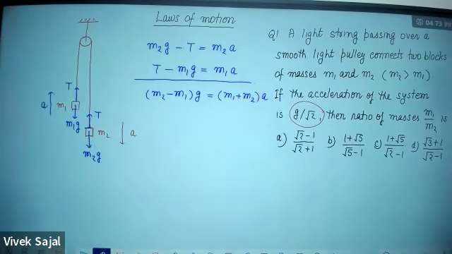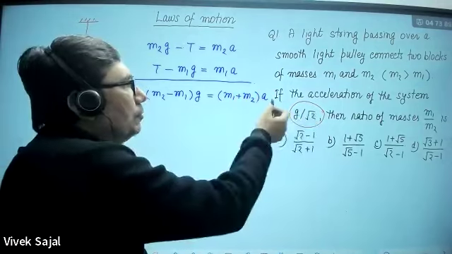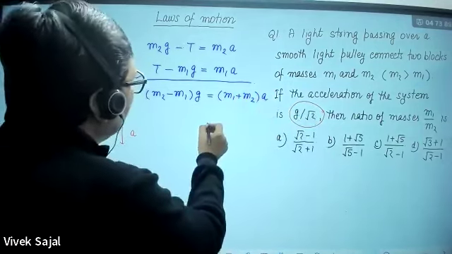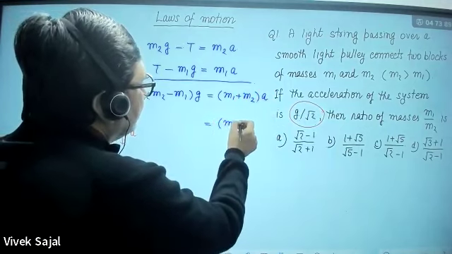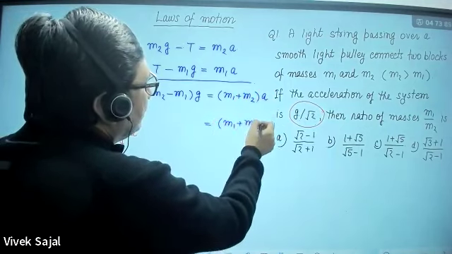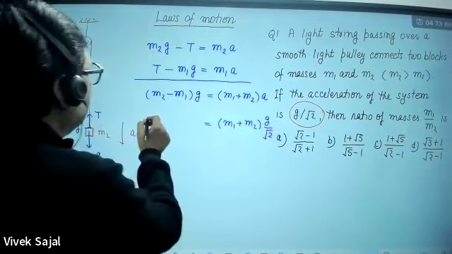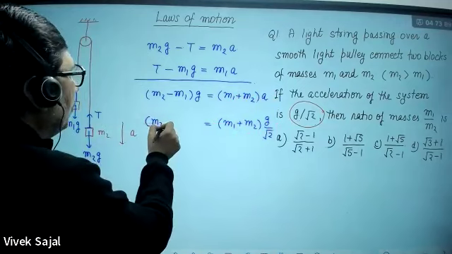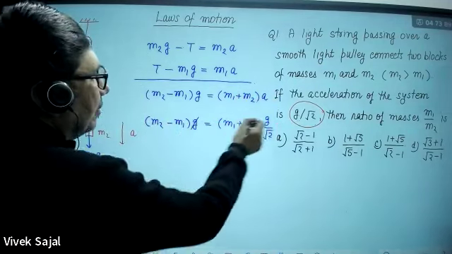Now, they are saying that the acceleration of the system is g upon root 2. So substitute g upon root 2 here. So I will write (m1 plus m2) times g upon root 2, and this will be (m2 minus m1) into g. So g will cancel out.